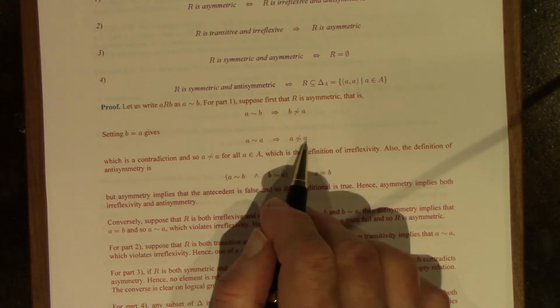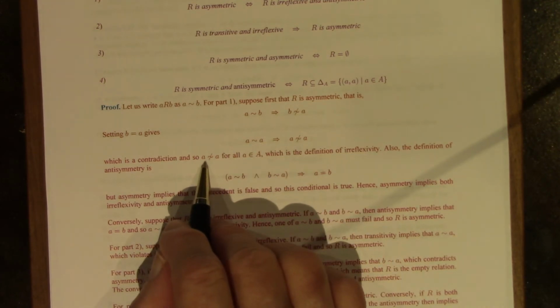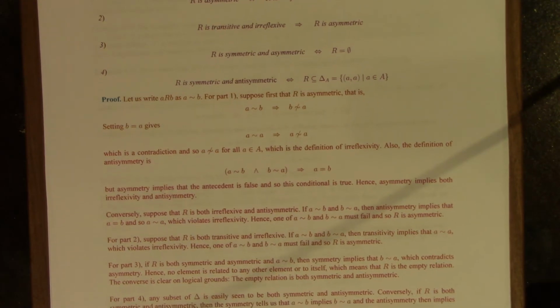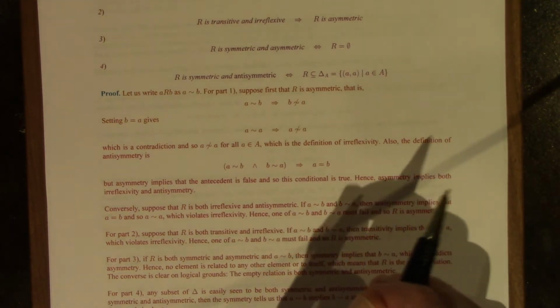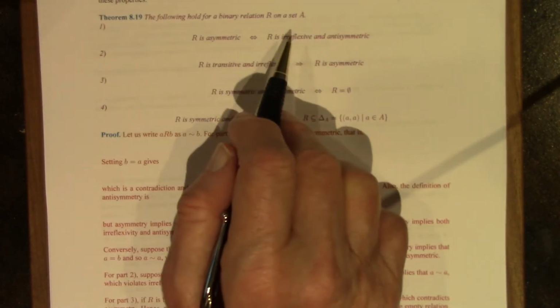The only way out is that no element is related to itself, which is precisely the definition of irreflexivity. So asymmetry implies irreflexivity.